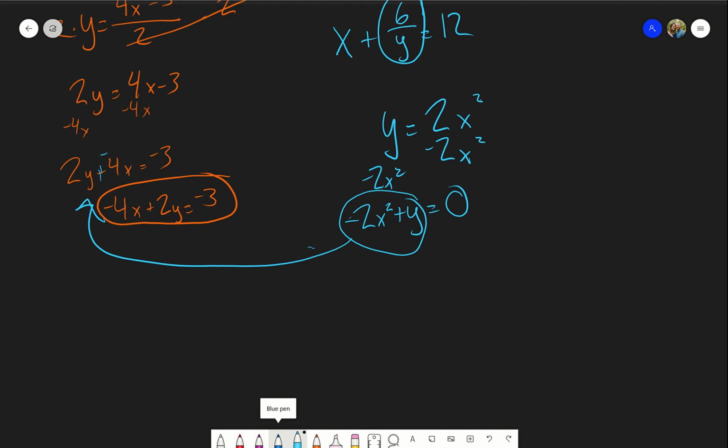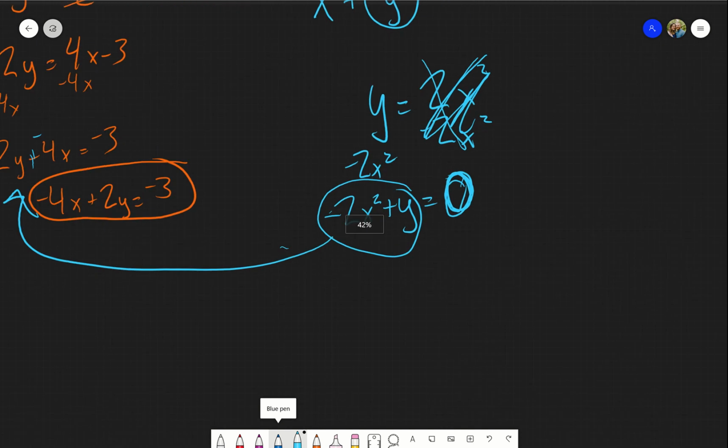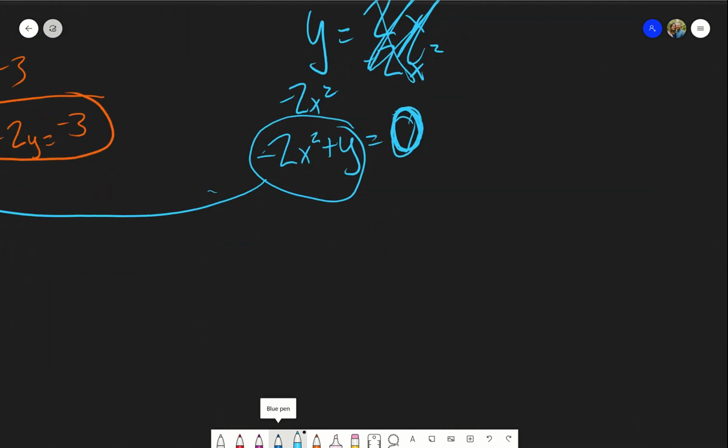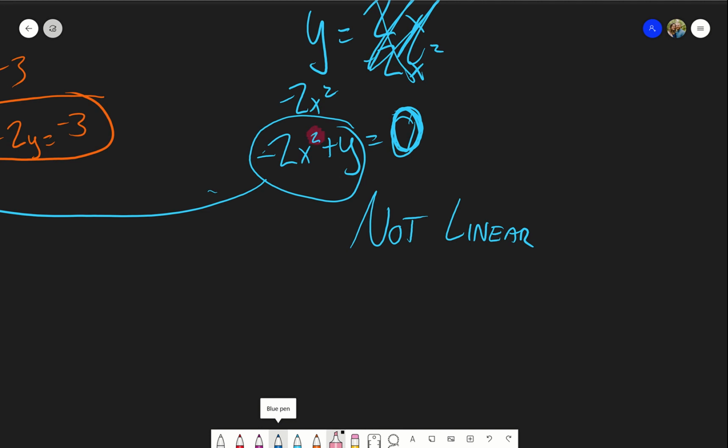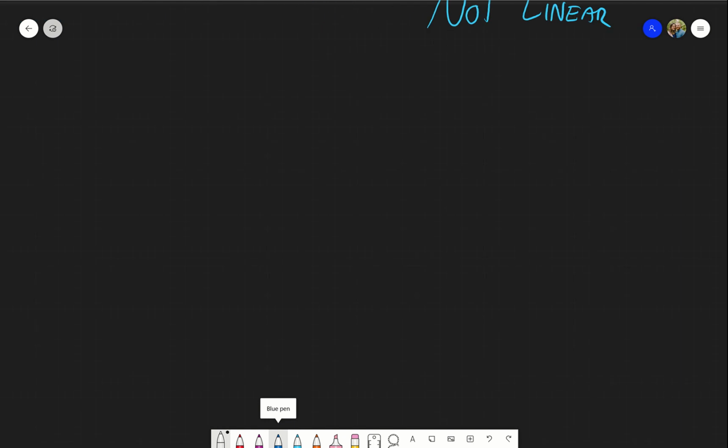You just didn't see that happening. And the 0 comes from the fact that I had some things over here, I got rid of them all, so I have nothing left over here. That's where that 0 comes from. This is not linear. You can't have a little square in standard form. The squares don't work in standard form. This would be non-linear.